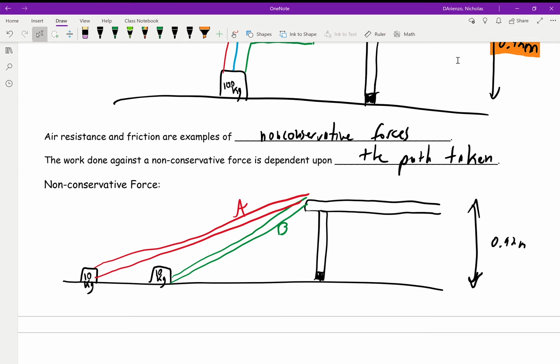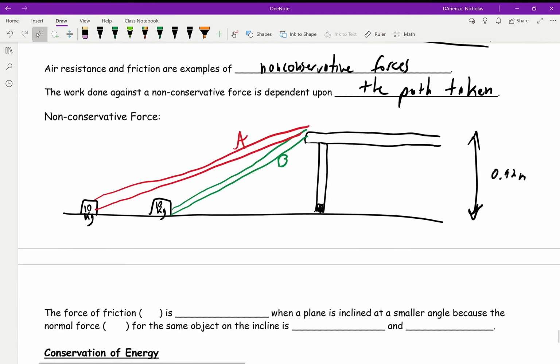The change in potential is the same. If we're going up 0.92 meters, and gravity is a conservative force, but non-conservative force and friction, that is going to depend on the path that we take. So sliding it on a longer ramp against friction is going to require us to do more work to overcome that friction.